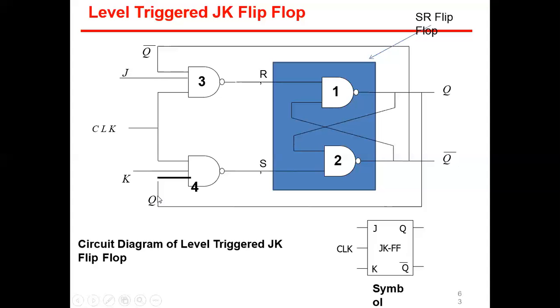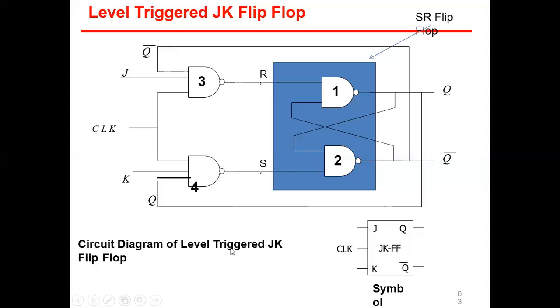This is called Q, which is the output of gate number 1, and this is called Q bar, connected from the output of the other gate. It is a simple structure of the JK flip-flop in which we are using 4 NAND gates. This is the symbol of the JK flip-flop, with inputs J, K, outputs Q, Q bar, and the clock.